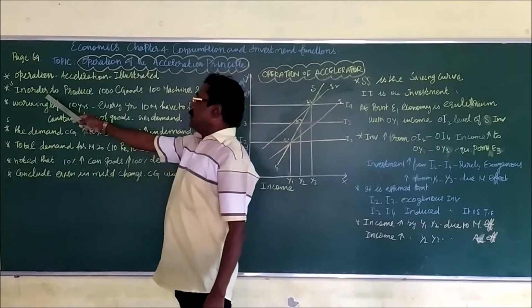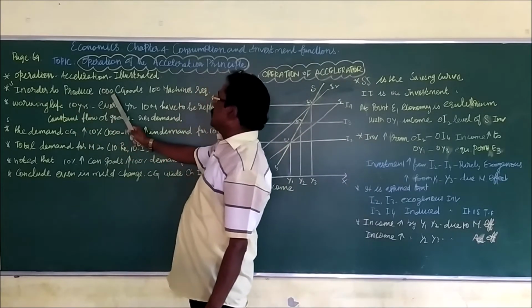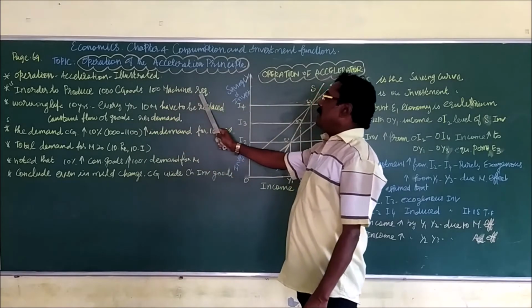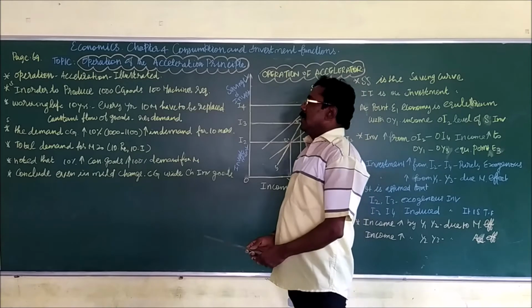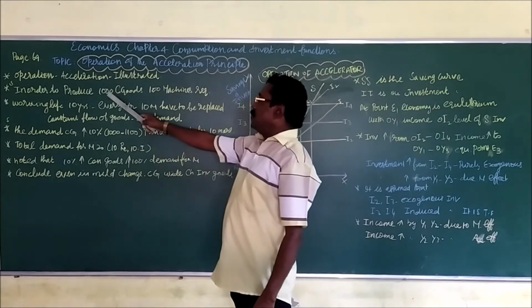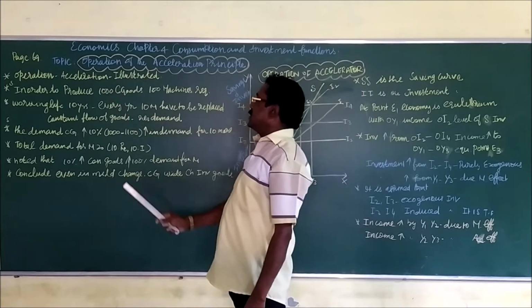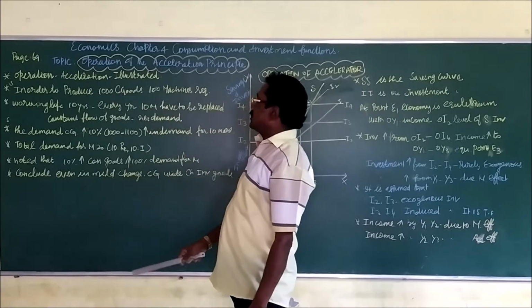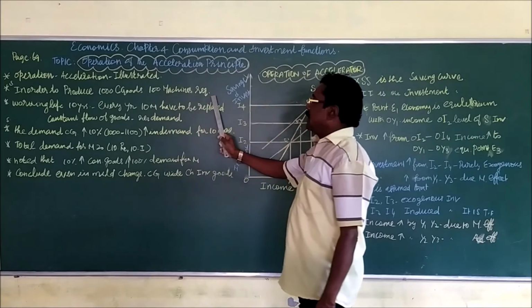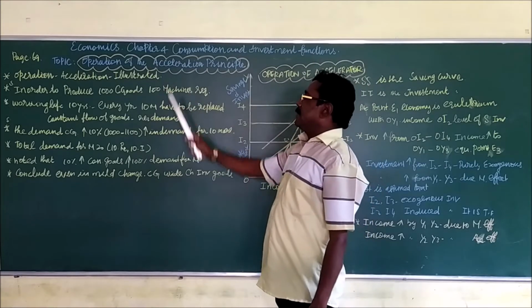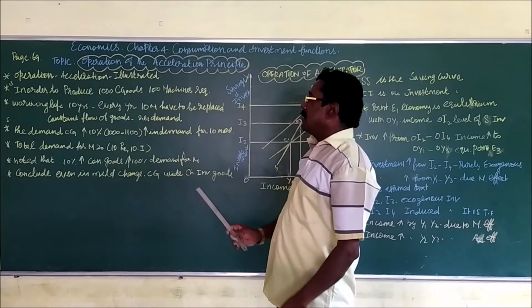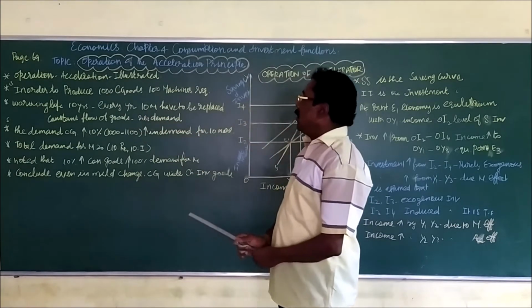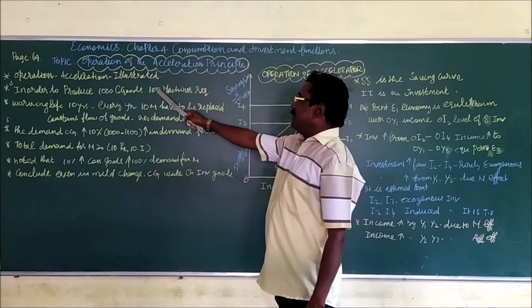For example, suppose in order to produce 1000 consumer goods, the number of machines required is 100. So to produce 1000 consumer goods, how many machines are required? 100 machines.